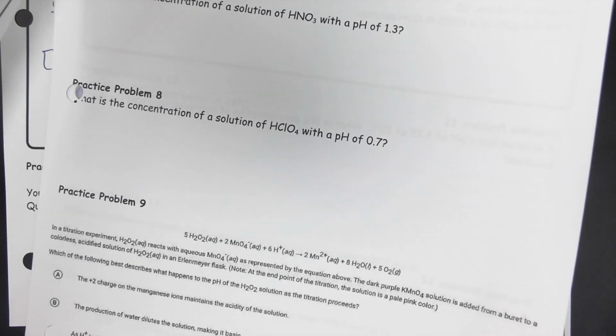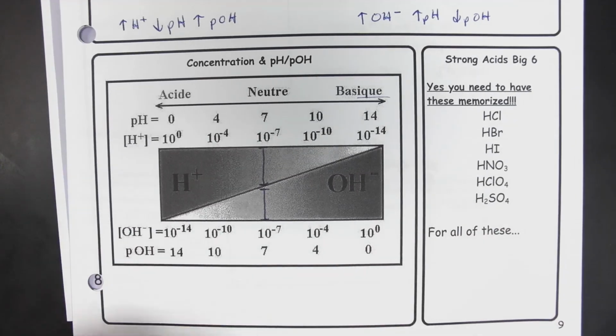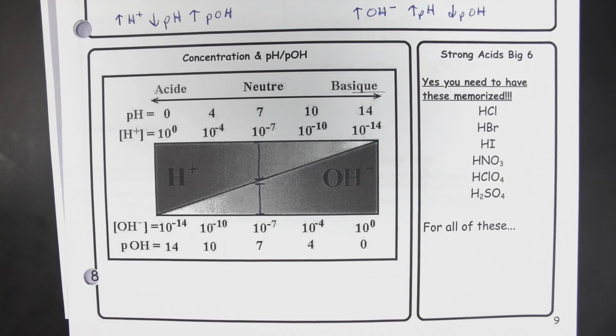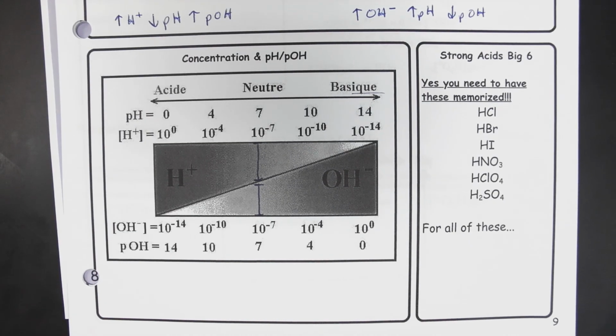Alrighty, and I think one of the last items is you need to know the big 6 strong acids. In AP Chemistry, if an acid is anything other than the big 6, then we consider it a weak acid, okay? So, yes, you need to have these memorized.